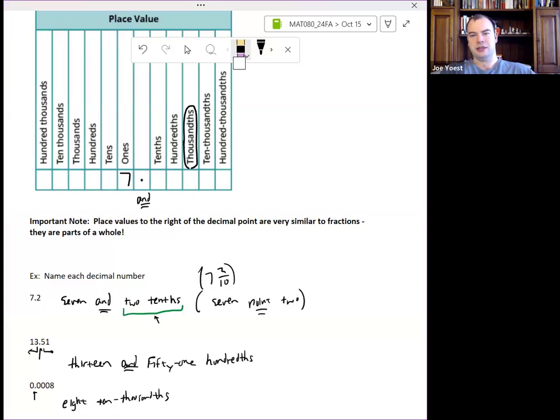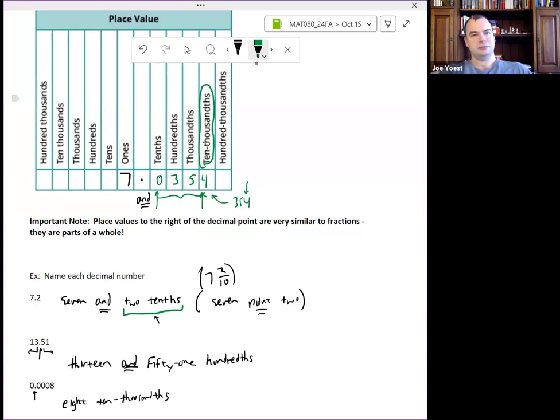7 and 354 10,000ths. Well, now I'm starting over here. I have 354 of these. In other words, I have 4 ones of these. I have 5 tens of these. And I have 3 hundreds of these. And then I put this 0 in as kind of a buffer. So 354 10,000ths tells me that that 4 has to land in the 10,000ths place.